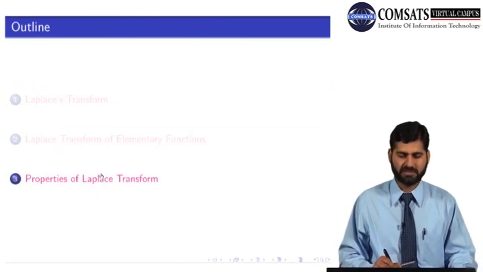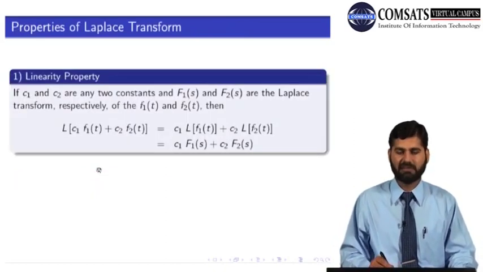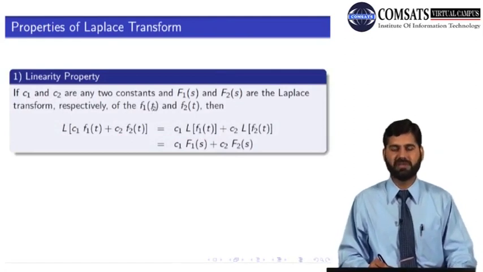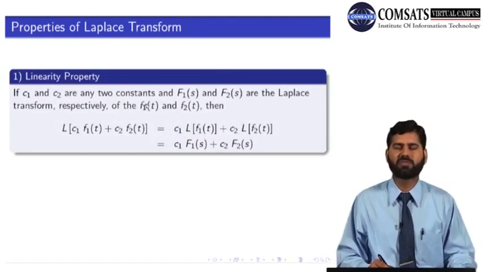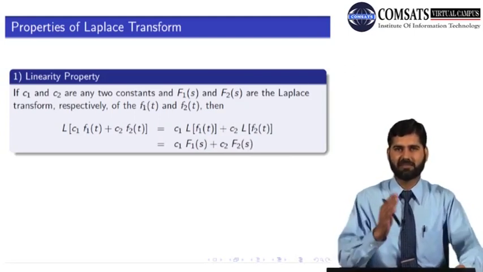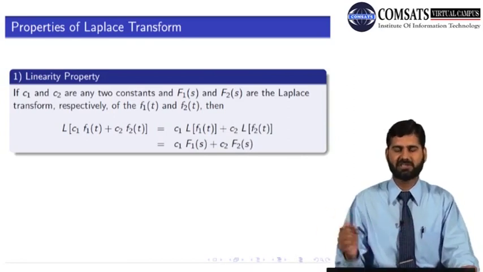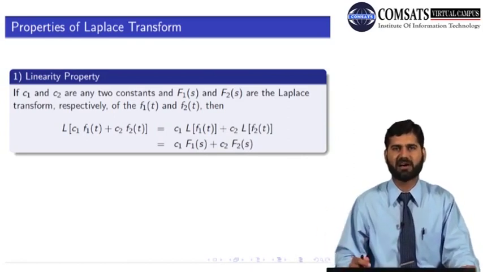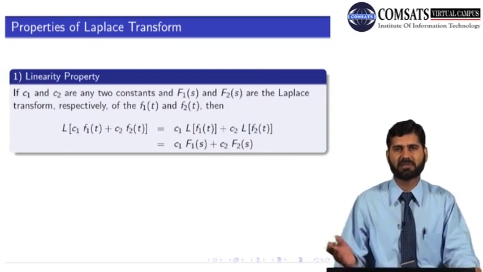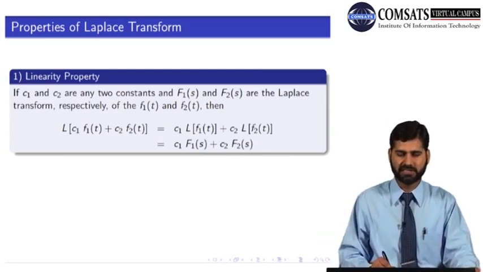Properties of Laplace transformations. I have used this property, the linearity property. When I proved the Laplace transform of cosine hyperbolic at, I said the Laplace transform is linear because integration is linear, so I can distribute the Laplace transform over the sum, and the constant multiples can be brought out. So this is clearly a linear operator.